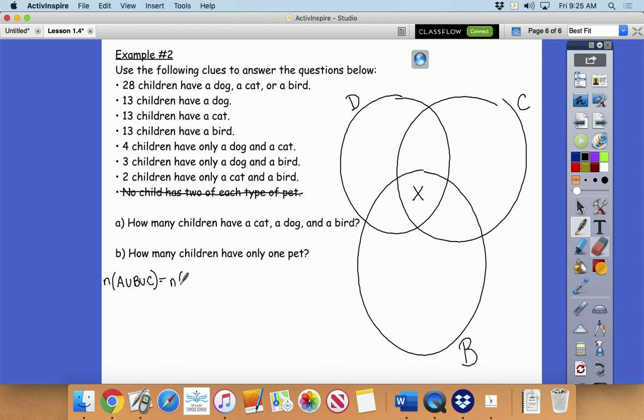We have all of A has to be added with all of B, and then all of C as well.